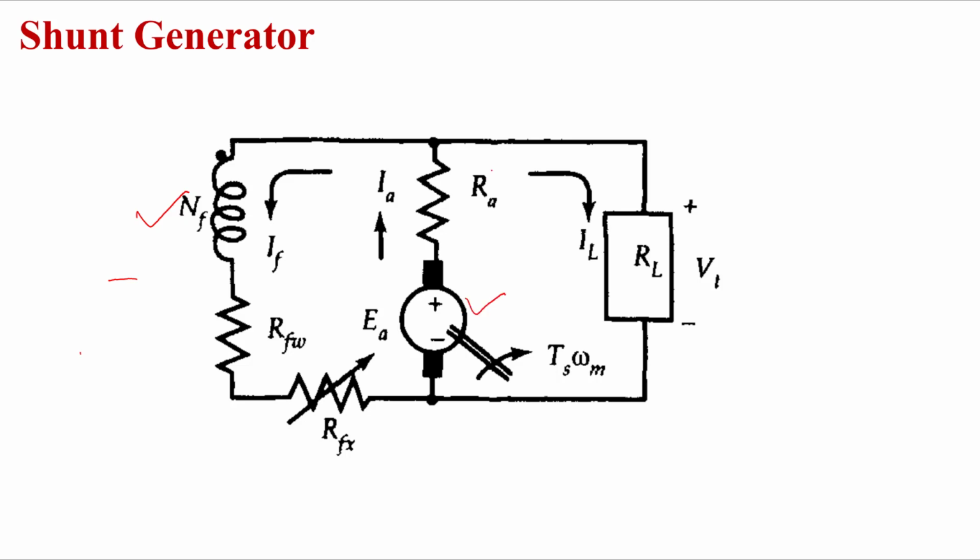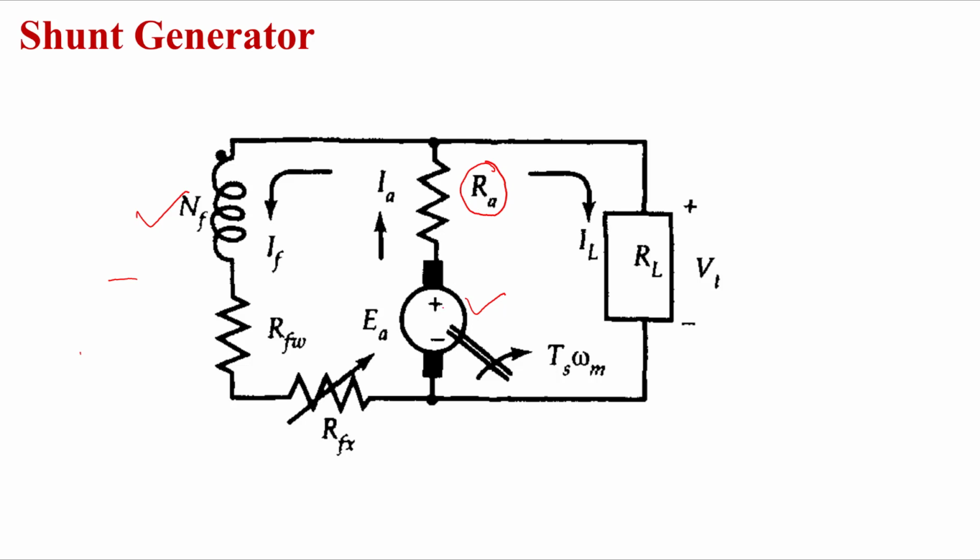So what does this RA represent? RA represents your armature resistance, which is actually the resistance of the armature winding and the brass contacts, both. There is certain resistance of brass contacts. So this resistance will represent the resistance of the armature winding as well as the brass contacts.